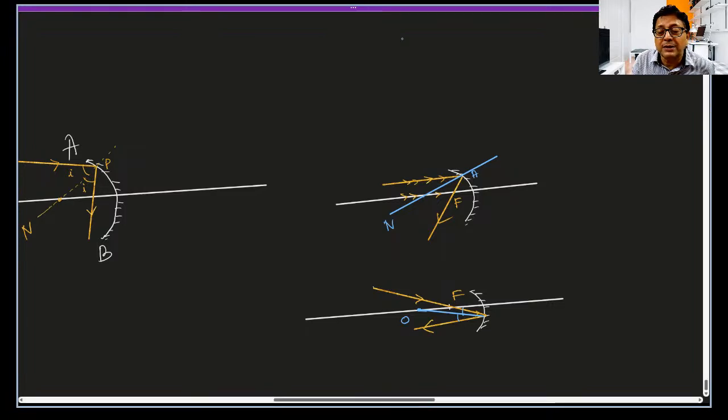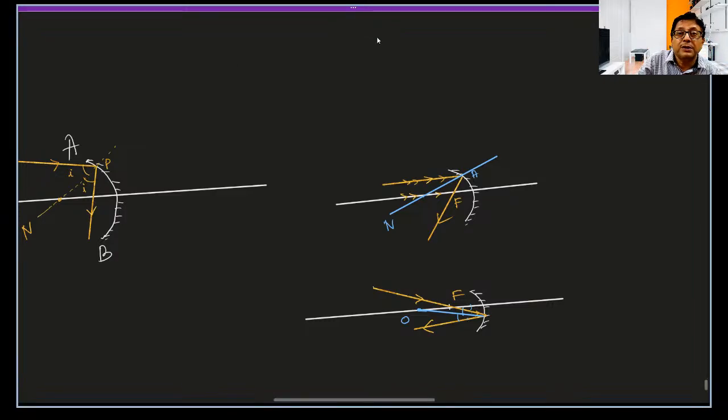You can easily prove that if this angle is theta, this one is going to be theta. Oh, sorry. Okay, this angle theta means this, you can prove this is also theta. This is theta, this is theta by law of reflection. So this is a very important observation.